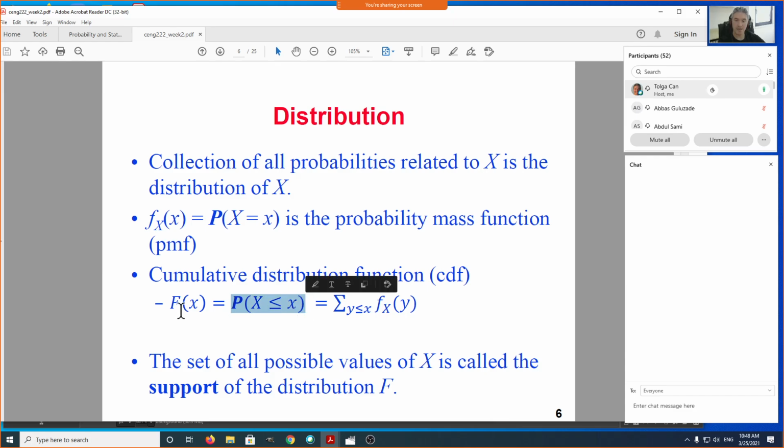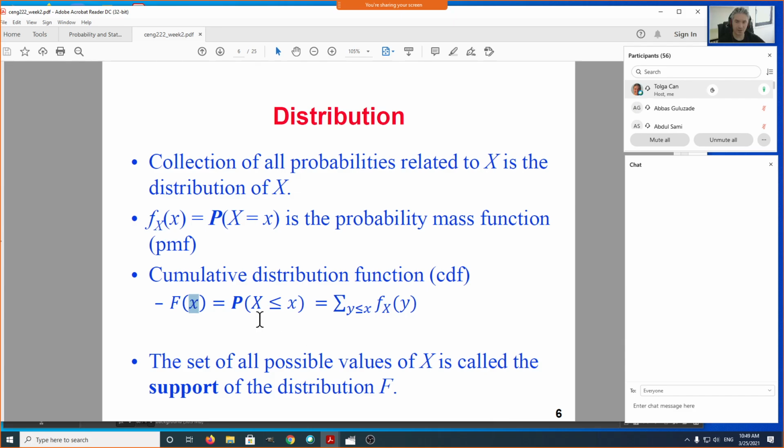This probability is also defined by this cumulative distribution function, which is indicated by a capital F. So capital F of x, when you see this capital F, it means the cumulative distribution function, cumulative probabilities for all the events from minus infinity all the way until this value x, including x. Okay, so it's inclusive, therefore less than or equal to x, like this.